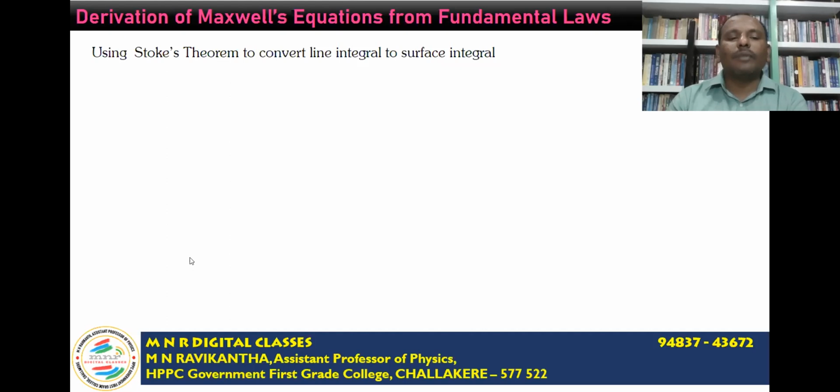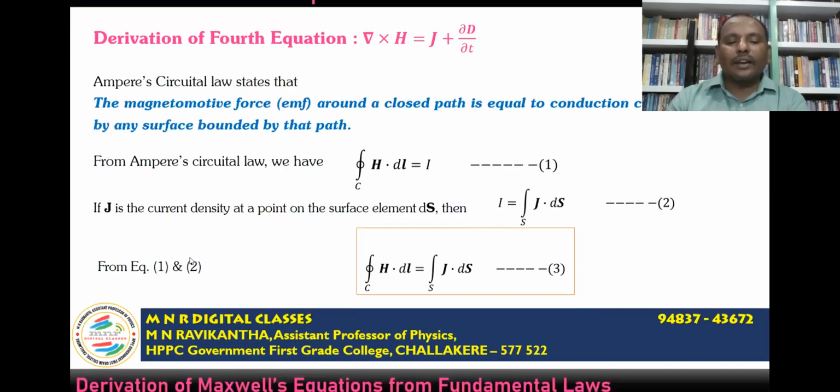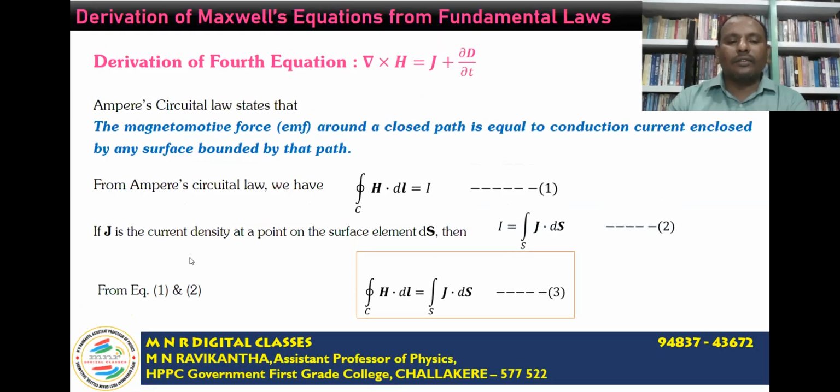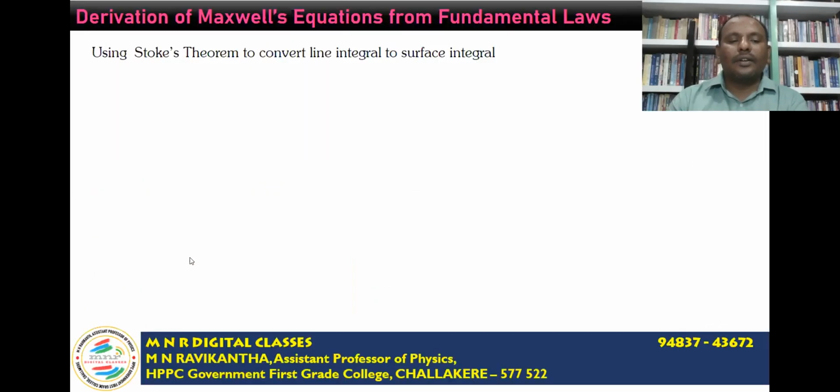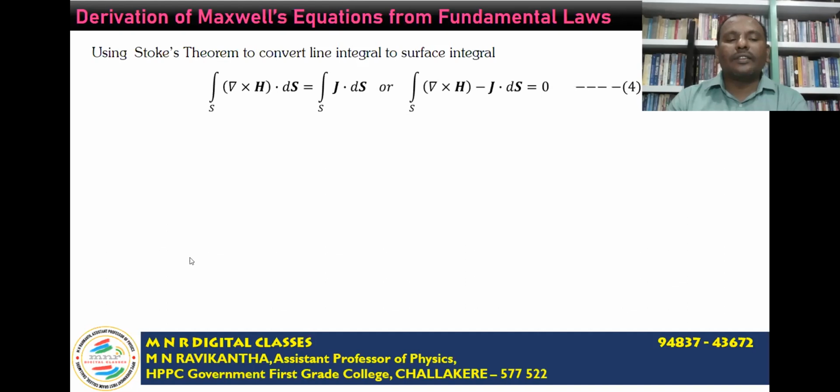Using Stokes theorem to convert the line integral into a surface integral, we get the surface integral of del cross H dot ds is equal to the surface integral of J dot ds, that is the surface integral of (del cross H minus J) dot ds is equal to 0.